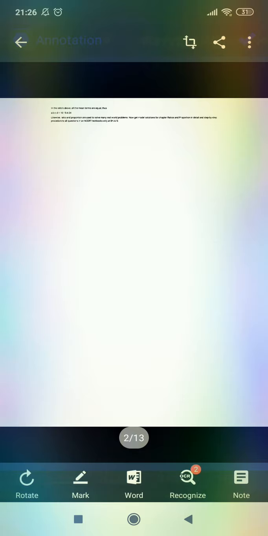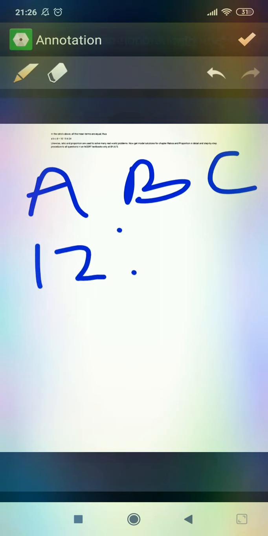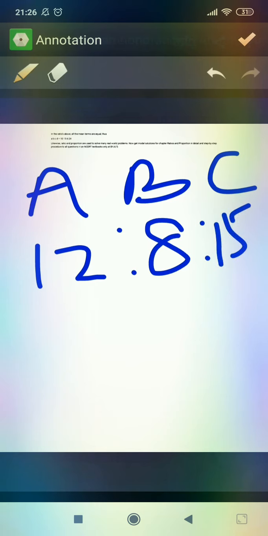And next, suppose A, B, C are there. Their marks obtained in an examination are in the ratio 12 is to 8 is to 15. And here, suppose A scored 15 marks less than C is the given condition. What is that?